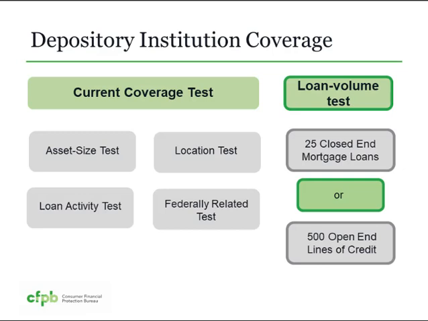The asset size test, location test, loan activity test, and federally related test remain the same. Similar to non-depository institutions, a depository institution would only need to originate at least 25 closed-end loans in each of the 2 preceding calendar years, or at least 500 open-end lines of credit in each of the 2 preceding calendar years to meet this requirement.